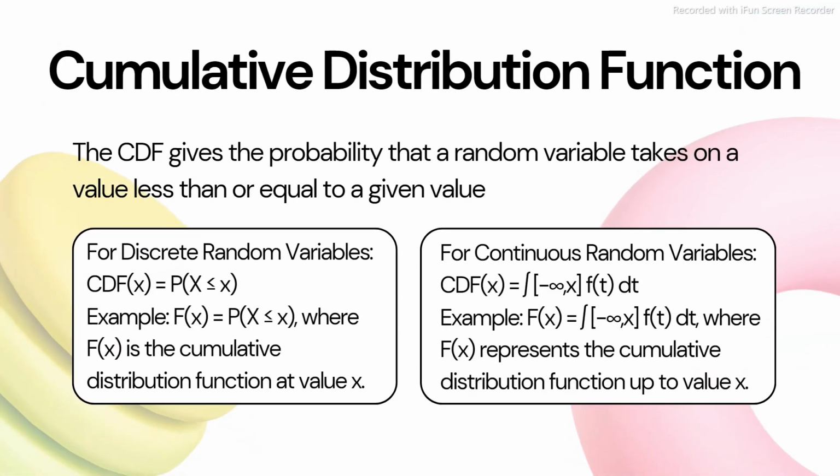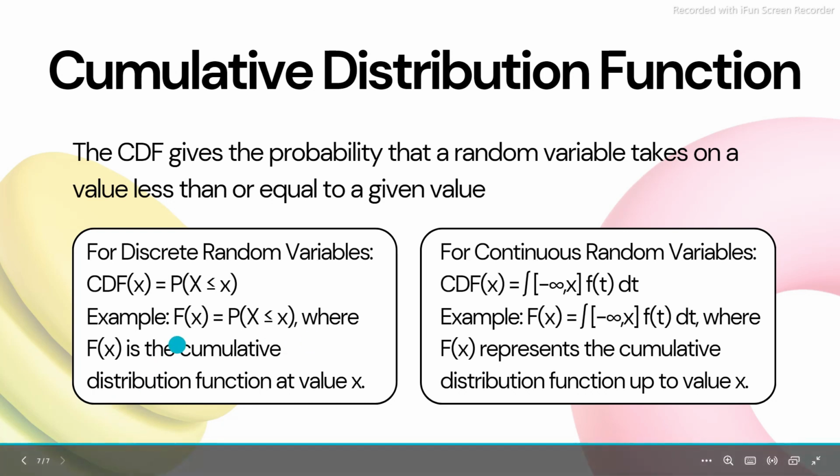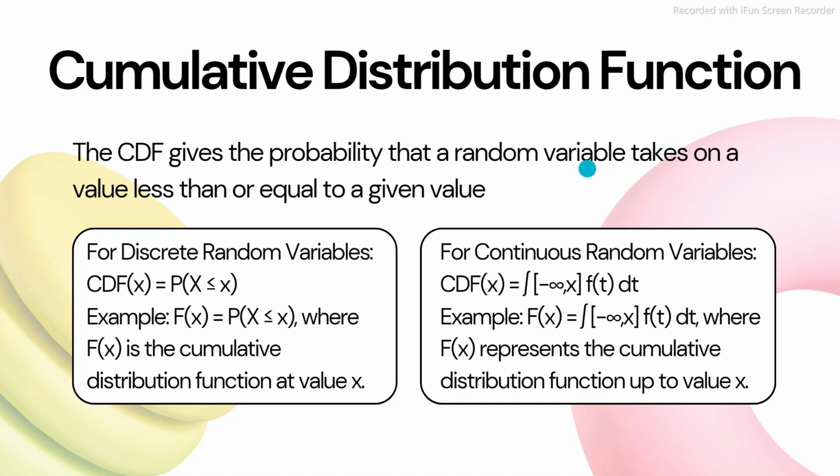And we have the cumulative distributive function. I have previously discussed that for continuous random variables, we consider the probability density function, right? And here we are going to add some limitations. Previously we had minus infinity to infinity as our limits, but in the cumulative distributive function we are going to add some limit. And if you add a limit, then it is considered a cumulative distributive function.